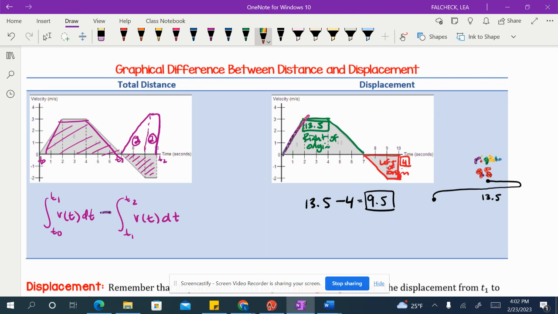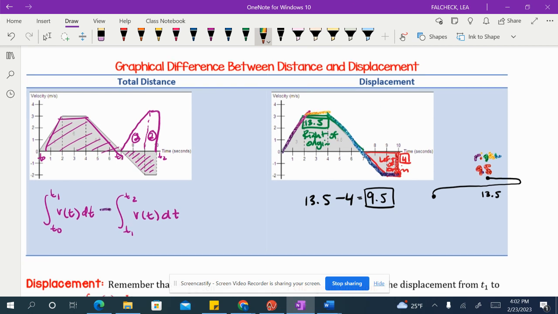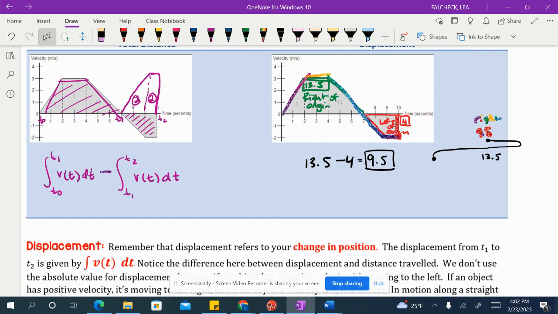Okay, so this is just showing motion along a straight line, but as a graph. Okay, and we want to keep those negative or left movements negative so that we can account for the backtracking or the motion back towards the origin.